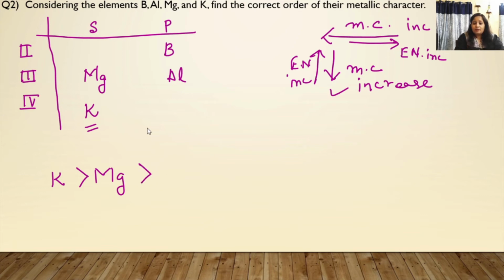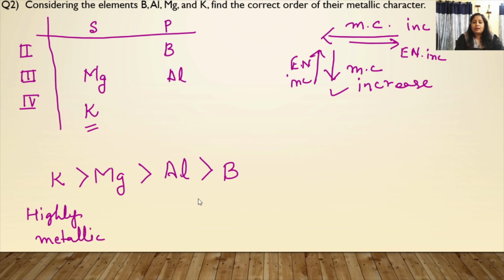After that, we have aluminium, and the least metallic will be boron in the given elements. So potassium is highly metallic, and boron is least metallic. This is the explanation.